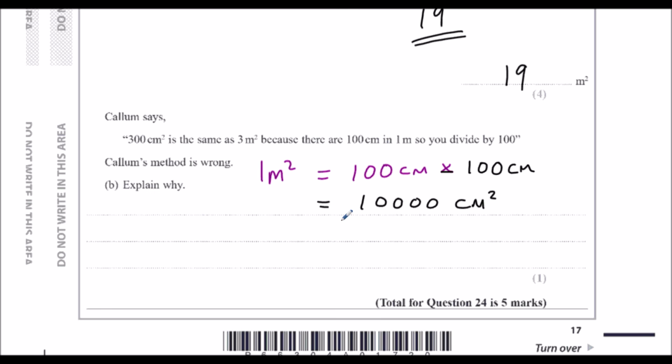So 1 meter, that's 100 centimeters. But a meter squared is 100 centimeters by 100 centimeters, which is 10,000 centimeters squared. So you don't divide by 100, you would divide by 10,000.